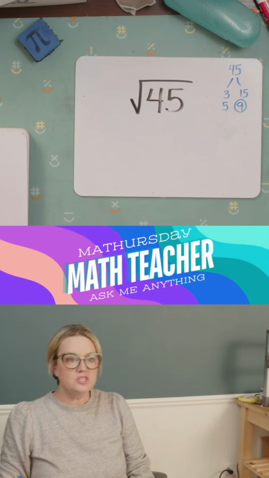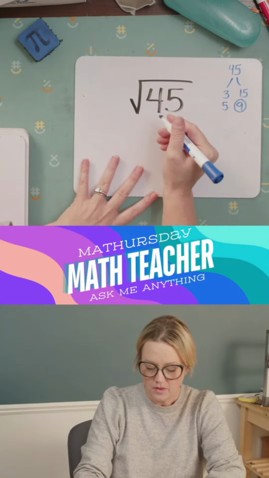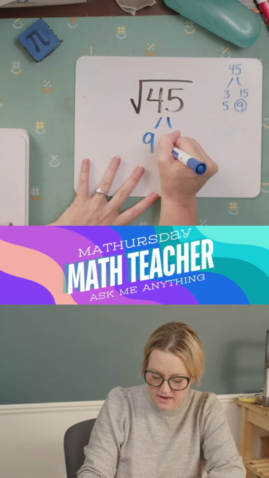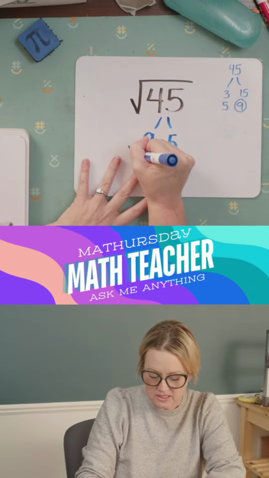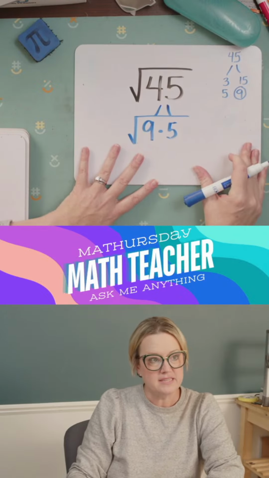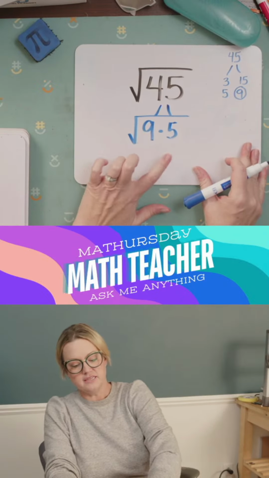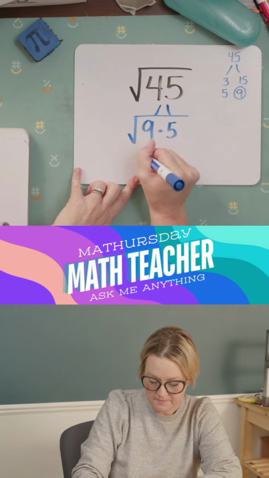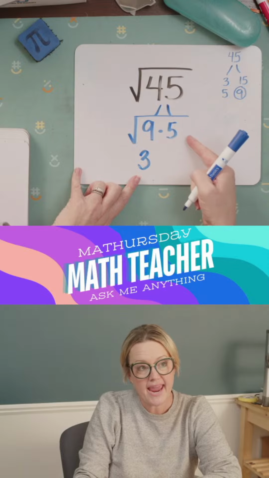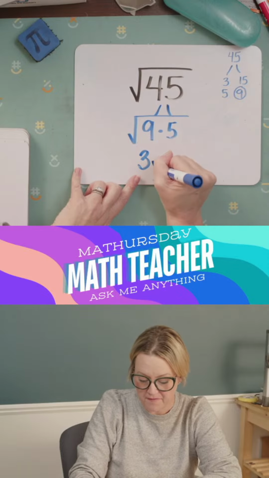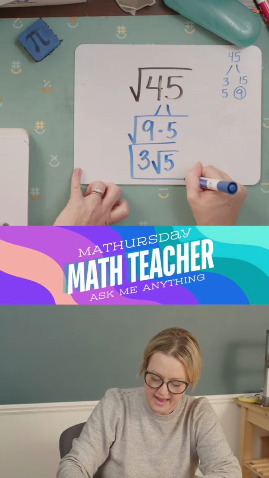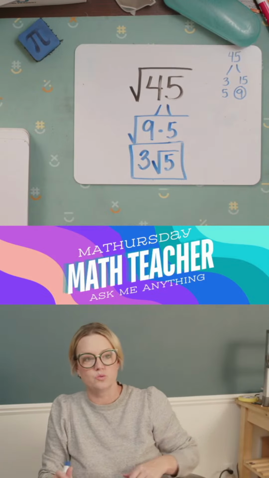So we rewrite 45 as 9 times 5, which is just substitution, but it's still under the radical sign. I can take the square root of 9, which is 3. But I can't take the square root of 5, so that 5 can't come out from under the radical symbol. It stays like that. So simplifying it down is 3 root 5.